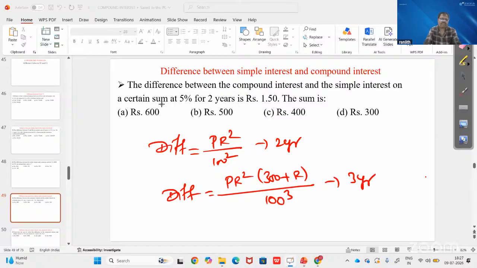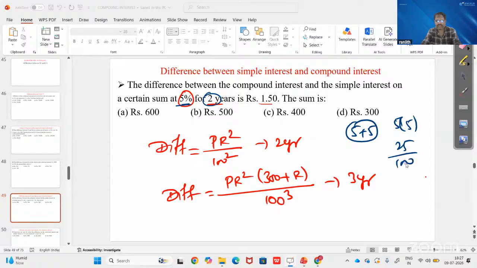So what is the question? The difference between SI and CI at 5 percent per annum for 2 years equals 1.50.